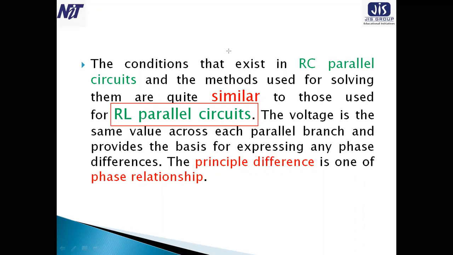So the main difference between the parallel RC circuit and the RL circuit is the phase relationship. That is the basic difference, but most of the other calculations are quite similar.